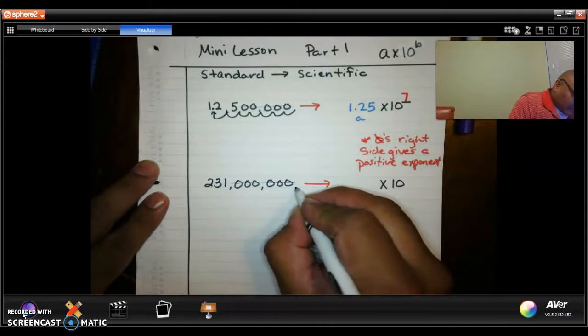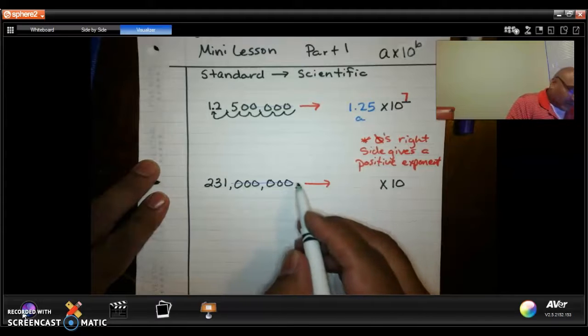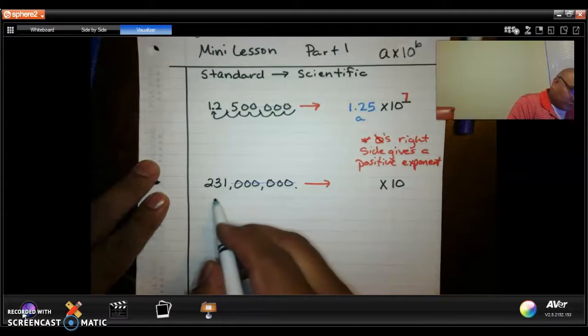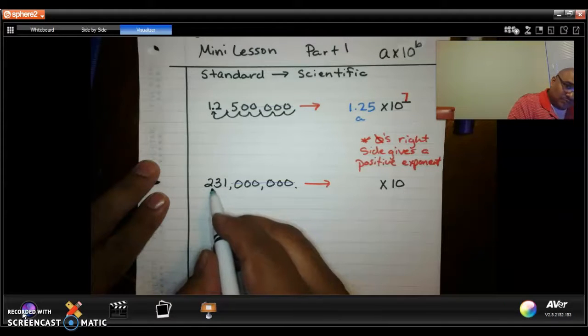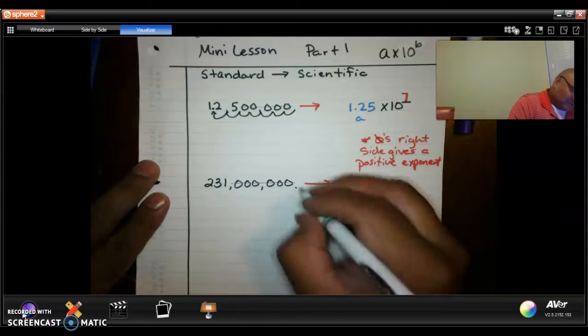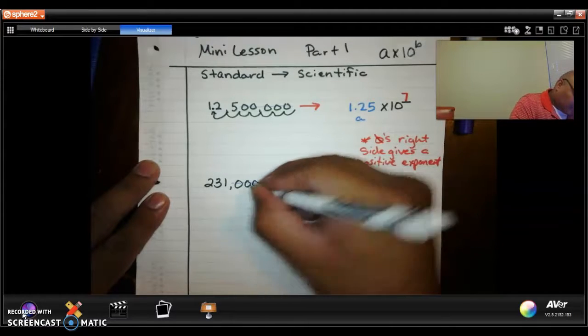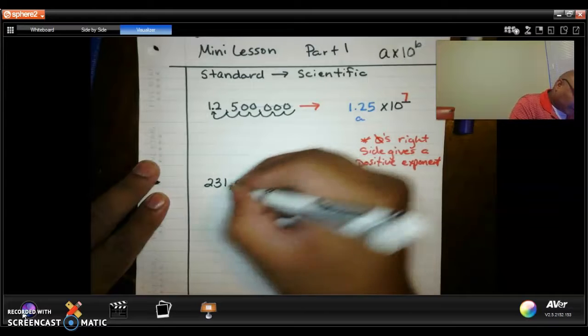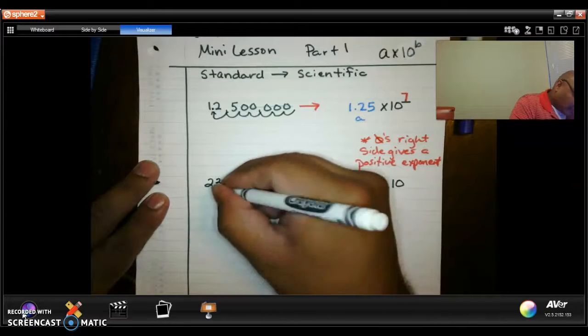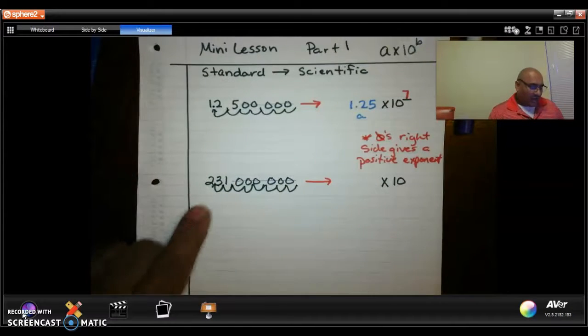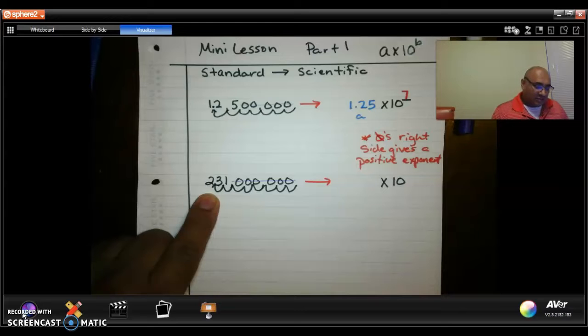So starting from the back, again, I'm going to move my decimal forward until the very first number behind it. 1, 2, 3, 4, 5, 6, 7, 8. So right now I moved it 8 spaces.